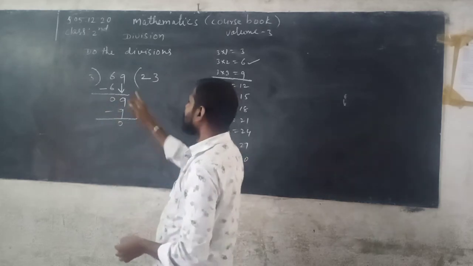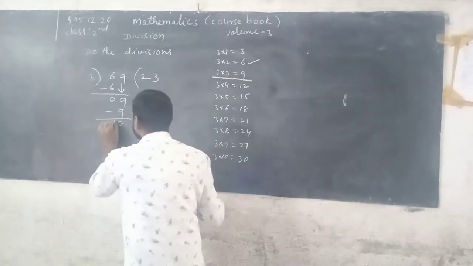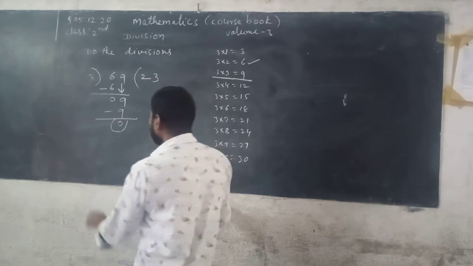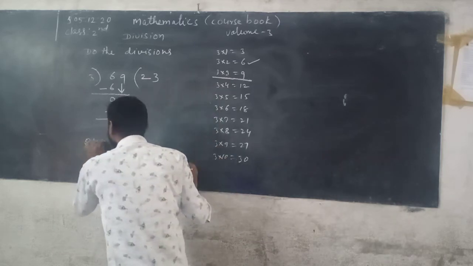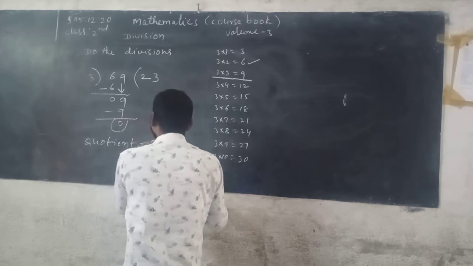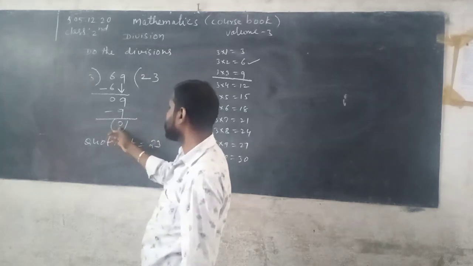Is there any number in the dividend? No number. So you can write 0 in the remainder. Then stop. Write down quotient is equal to 23. Remainder 0.